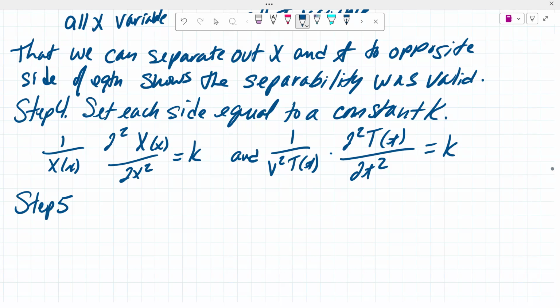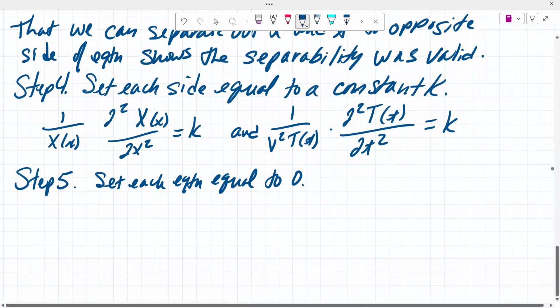Set the equations to 0. How would that work? Well, we'd need to subtract k from this side of the equation, right? That would set it equal to 0, because then k would be on the other side of the equation. All right, let's do that then.